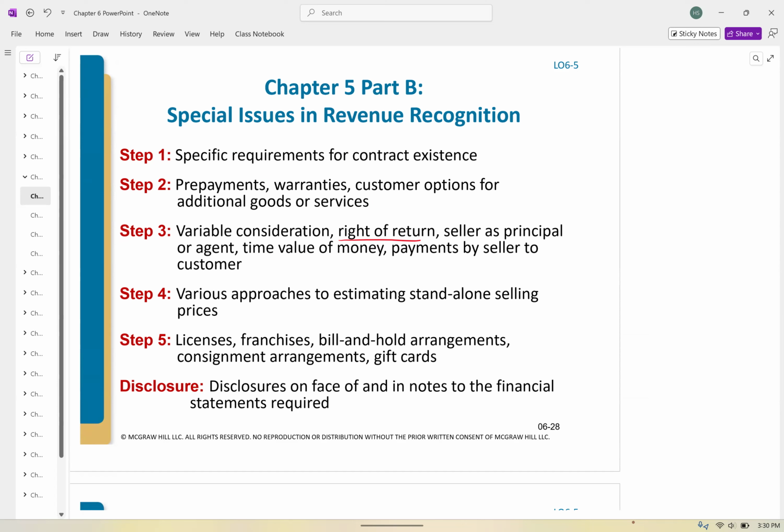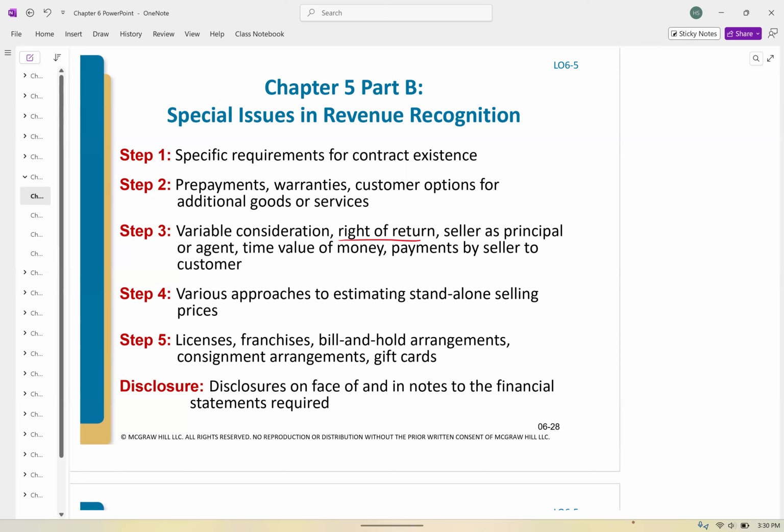Seller as the principal or the agent, time value of money could be an issue because it could be a contract over not just 1 year, but over 2 or 3 years, or maybe even five. There could be various approaches to estimating standalone selling prices.